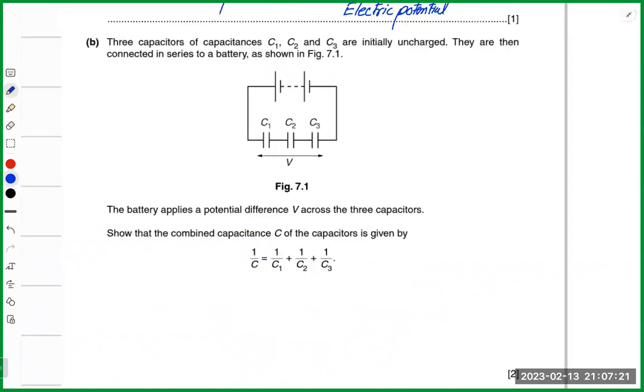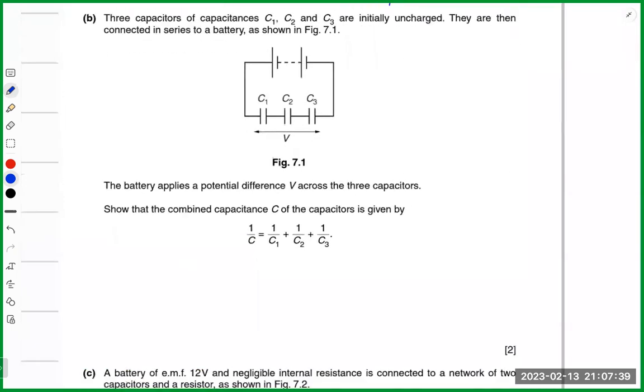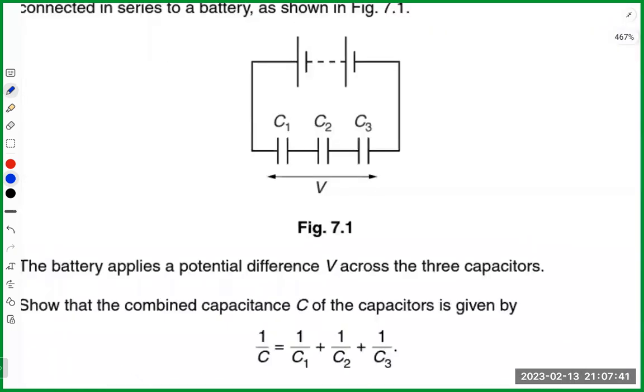Three capacitors of capacitance C1, C2, and C3 are initially uncharged. They are then connected in series to a battery as shown in the diagram. The battery applies a potential difference V across the three capacitors. Show that the combined capacitance is this. It is a 2 mark question, and if you go back to notes, you can see the detailed way of doing this.